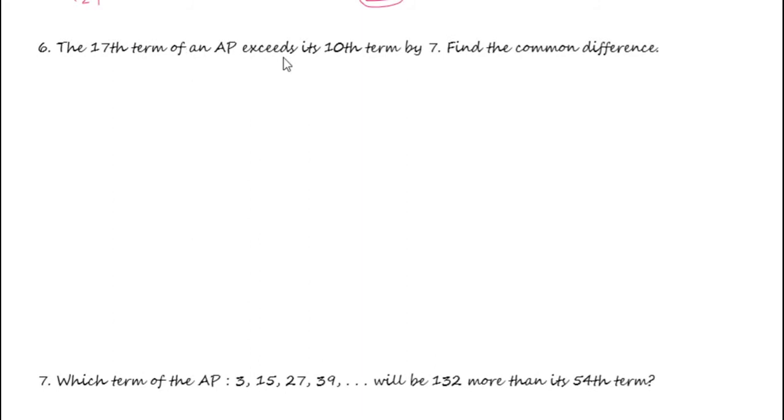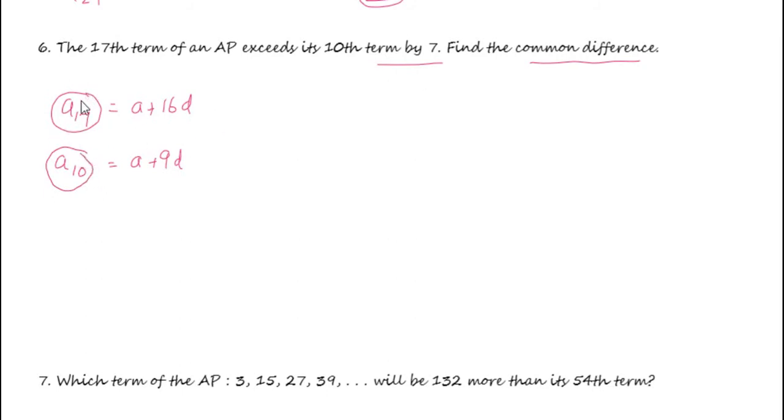The 17th term of an AP exceeds the 10th term by 7. Find the common difference. So you need to find out only the common difference, nothing else. The 17th term of an AP, so a17 equal to a plus 16d. The 10th term, that is a10, equal to a plus 9d. The 17th term exceeds the 10th term by 7. That means the 17th term is larger than the 10th term by 7.